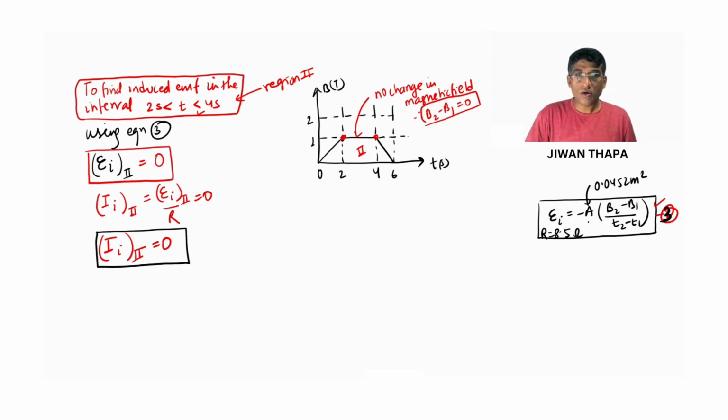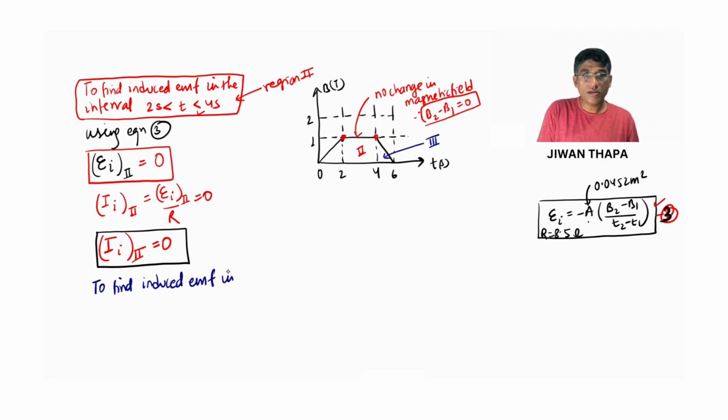Now let's go for region third. Okay, this is region third. Now I'm writing over here, to find induced EMF in the interval 4 seconds less than t less than 6 seconds.